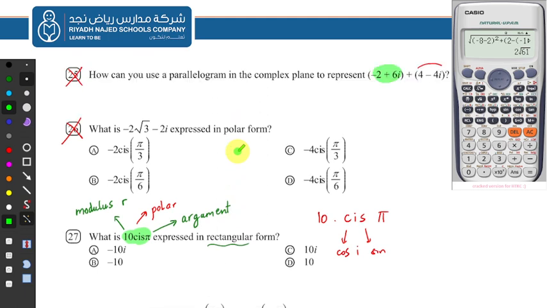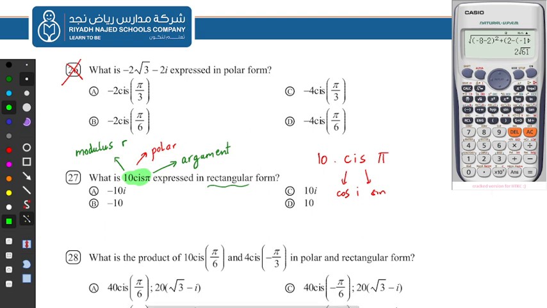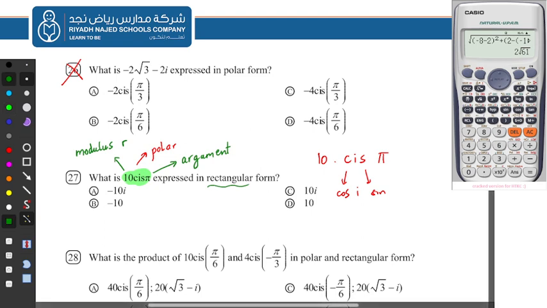When you are given the polar form, how to find the rectangular form? Just use these two formulas. You want a number in this form, something plus i something, 2 plus 2i, 3 minus 8i.